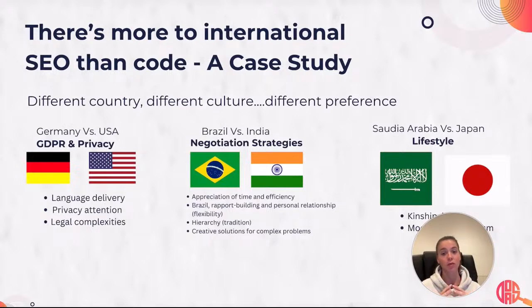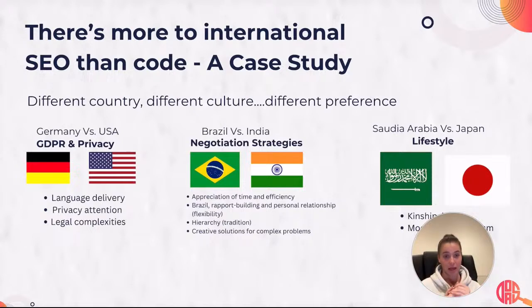In Brazil, rapport building and personal relationships are very important, so they would rather solve issues or negotiate at a restaurant over dinner, whereas in India, it's a more traditional hierarchical structure where they like to get to the point a little bit quicker, and it's all based on respect. These two share the same vision of having creative solutions for complex problems, so that was a crossover.